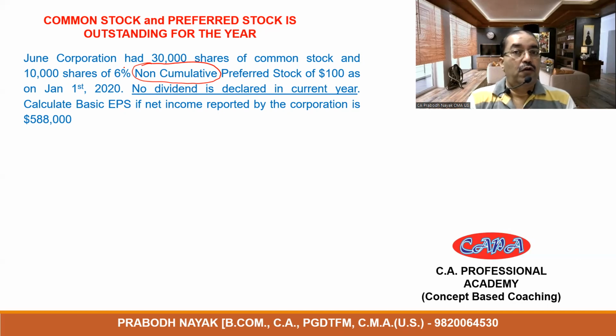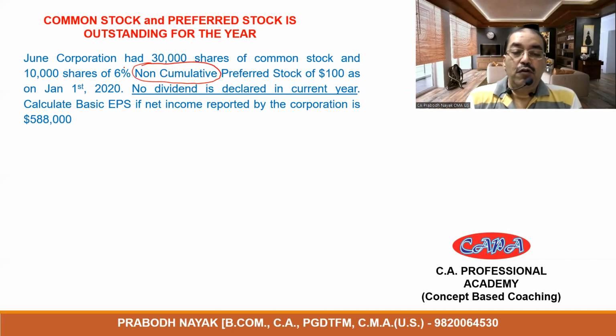Now, if the preferred stock is non-cumulative, what you have to remember is, if dividend is not declared, then you cannot subtract dividend from the net income, because you are not entitled to. Cumulative preferred stock, you have to pay dividend whether it is declared or not declared. If not in the current year, in the next year, dividend is payable, right?